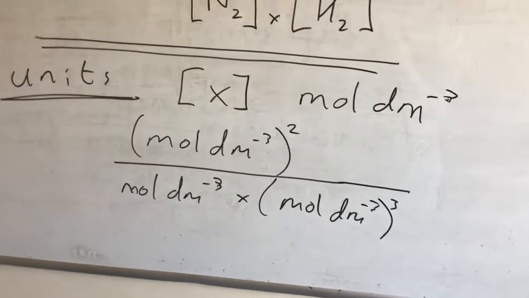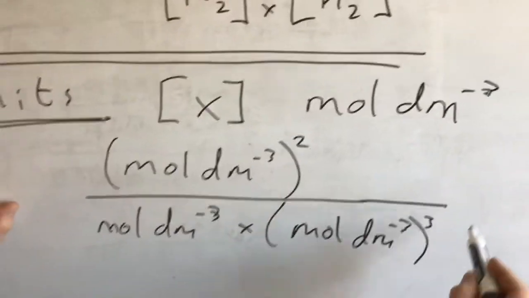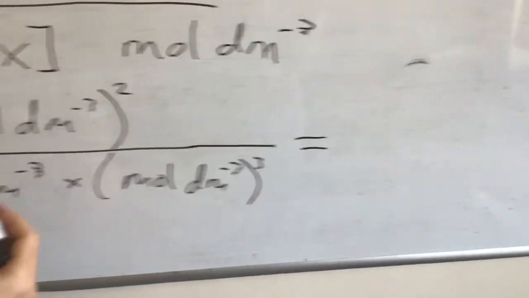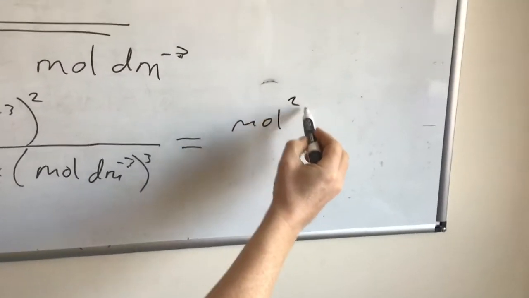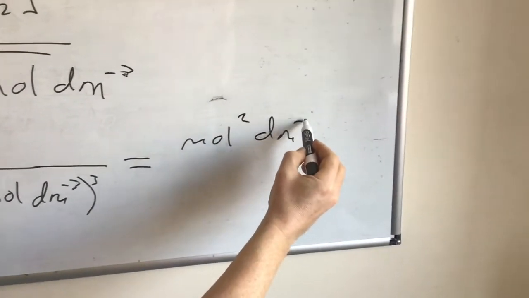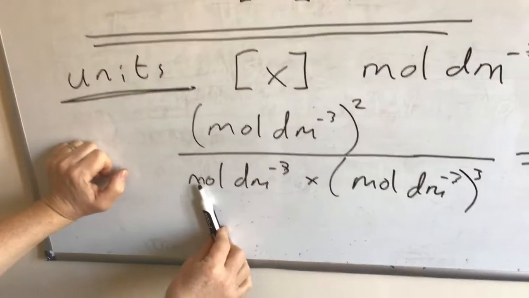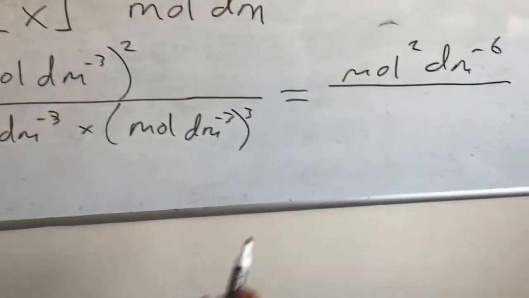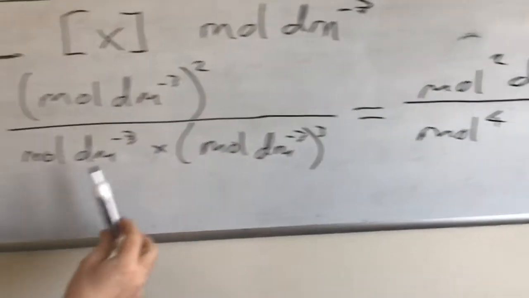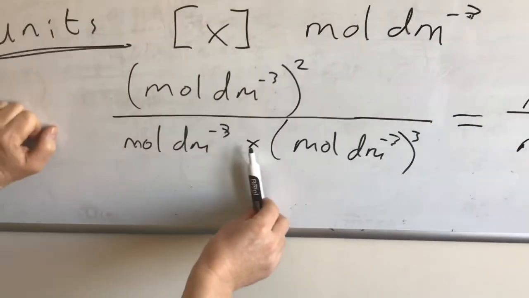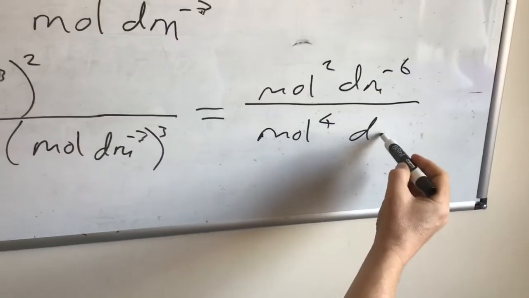Now we're going to cancel some of these out. Let's see it written properly. And this becomes moles squared dm to the minus 6 divided by moles times moles to the 3, which becomes moles to the 4. Dm to the minus 3 times dm to the minus 9 is dm to the minus 12.